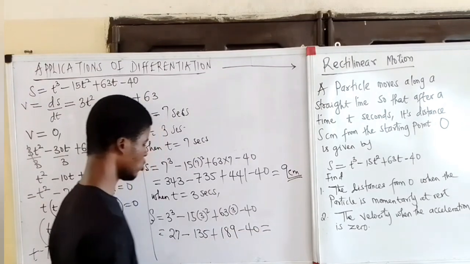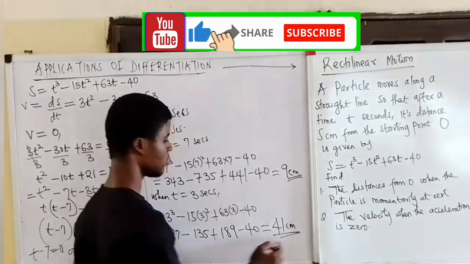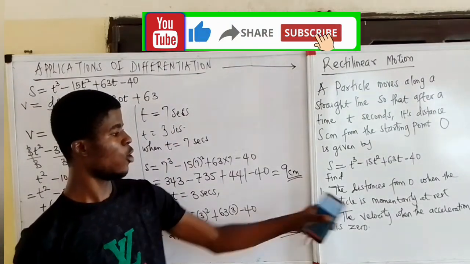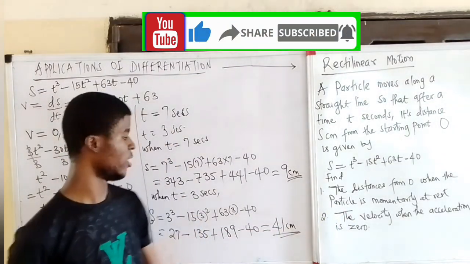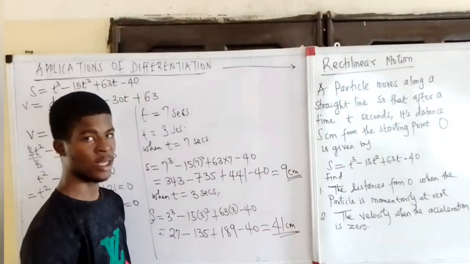So what would this be equal to? 41 centimeters. So the distances from O when the particle is momentarily at rest are 9 centimeters and 41 centimeters.